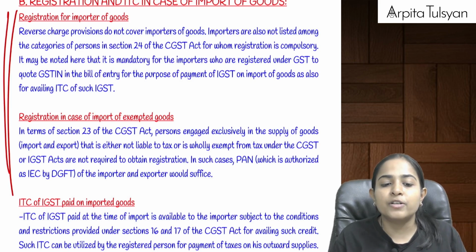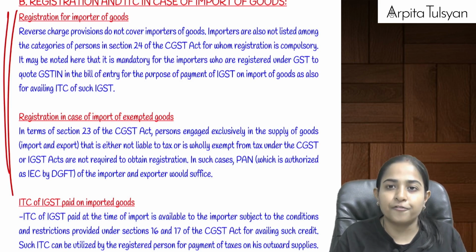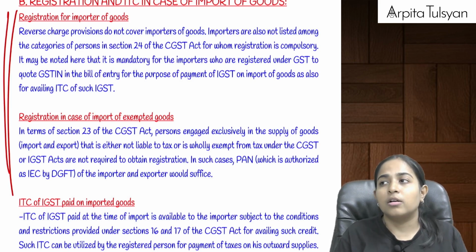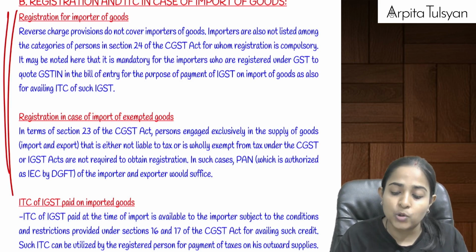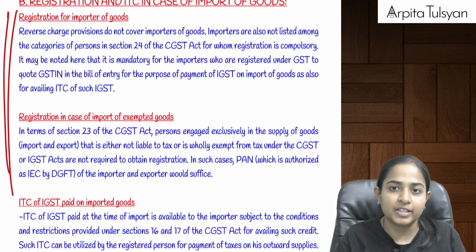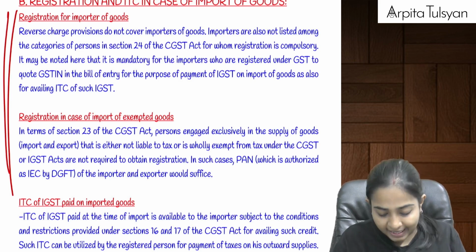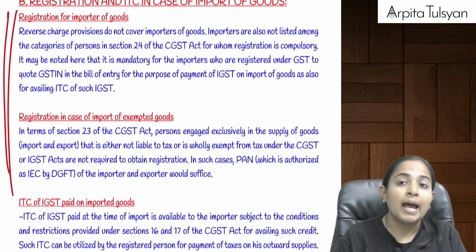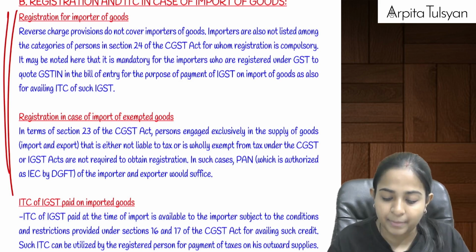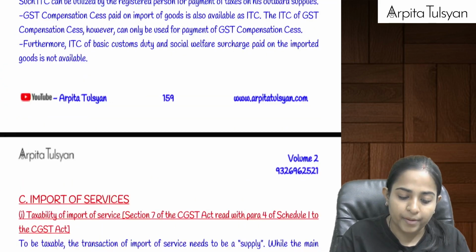And suppose you are engaged in the business of non-taxable goods or nil rated, exempt, and you had not taken any registration under GST, then still can you import goods? Yes, import can be done at that time. At the time of import, just quote your PAN. Permanent account number can be quoted as import export code.